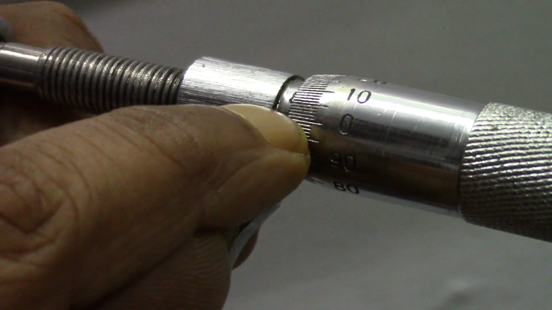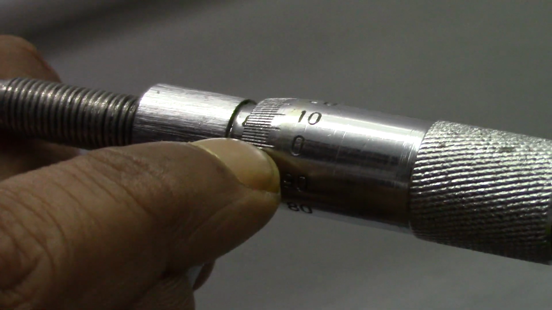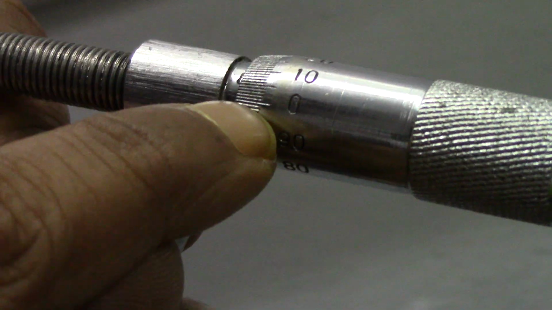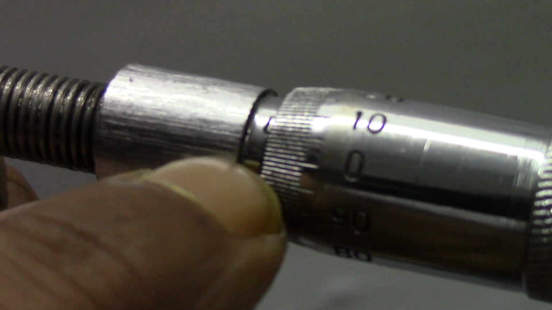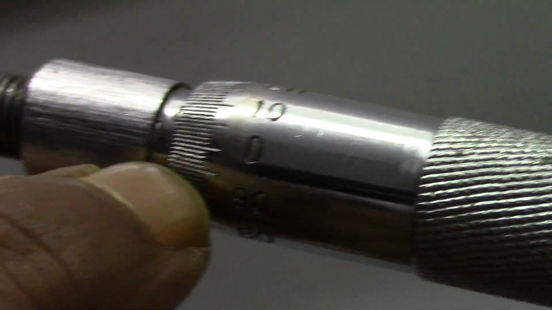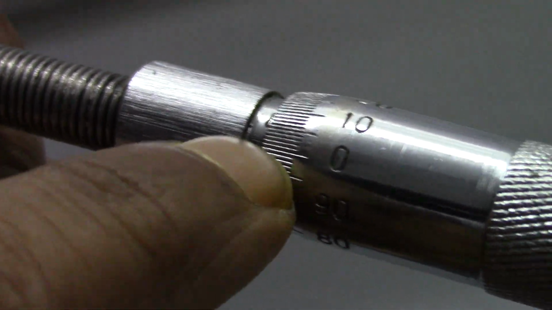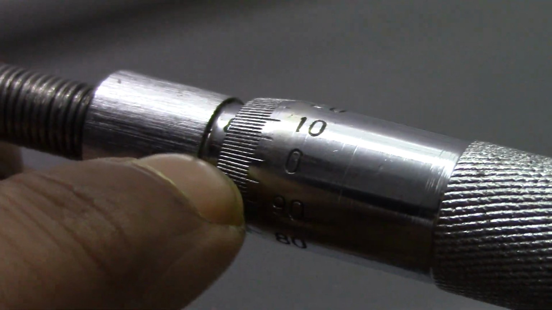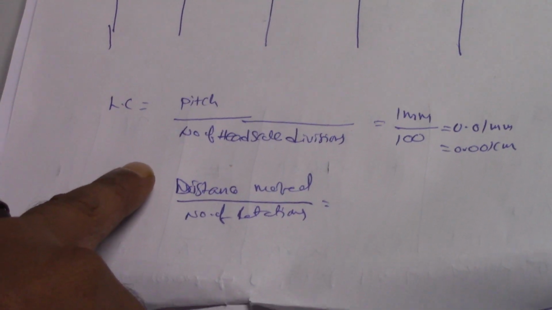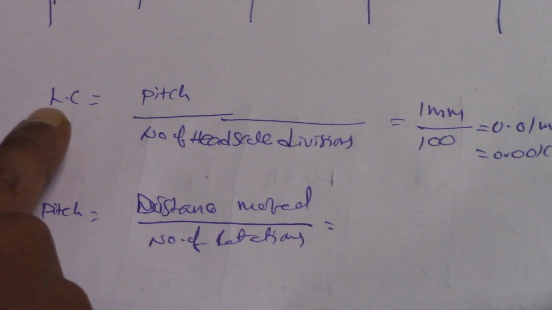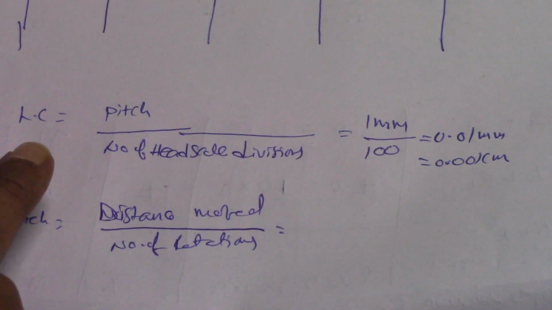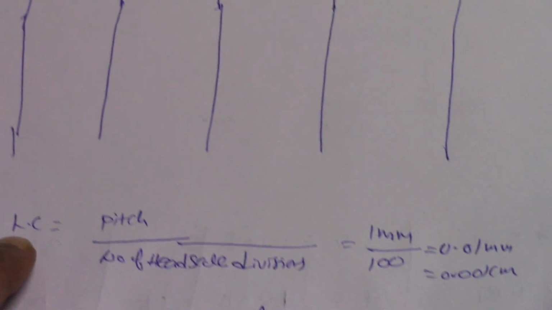If you clearly observe, the index line on the pitch scale is not exactly coinciding with the head scale 0. It is 2 lines below the index line, which means that it has a positive error. What is the amount of positive error? +2, because the head scale is 2 lines below the index line, so the error is +2 and the correction is -2. Yes, before measuring the radius of the wire, let us calculate the least count of this apparatus, the screw gauge.